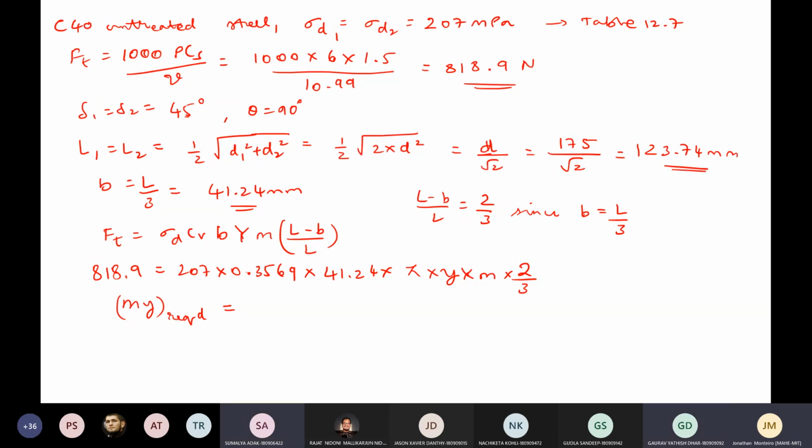I got 0.128. Please check the value if you have got something else. Yes, all of us are getting 0.1283.